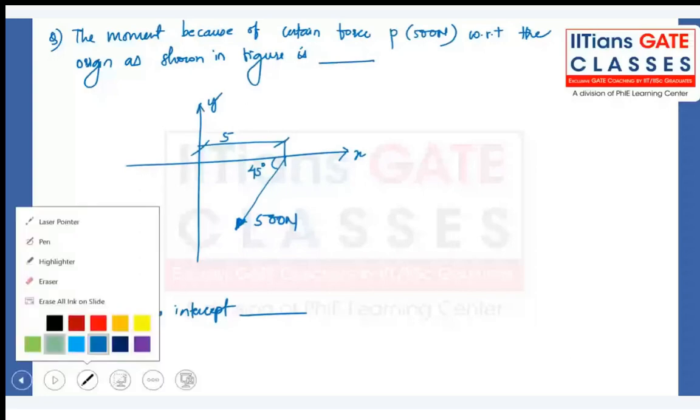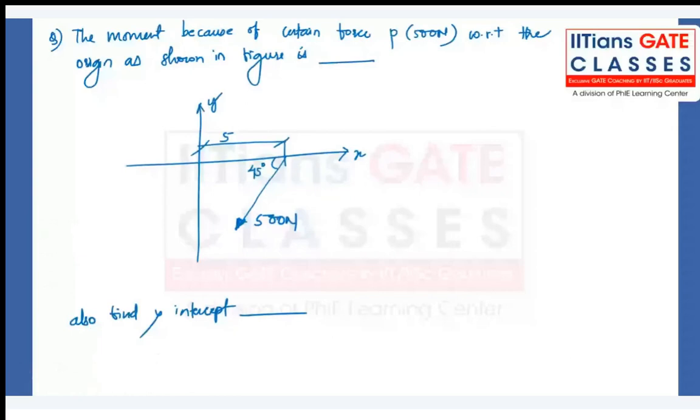Why? Because it will create two components, 500 sine of 45, 500 cos of 45.